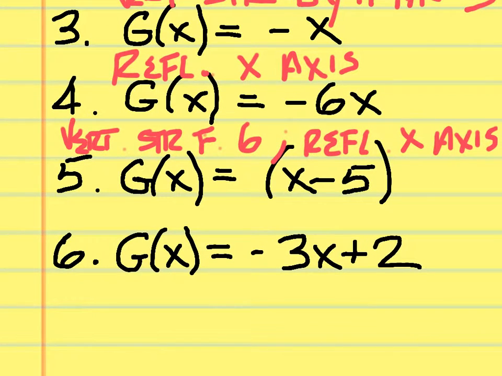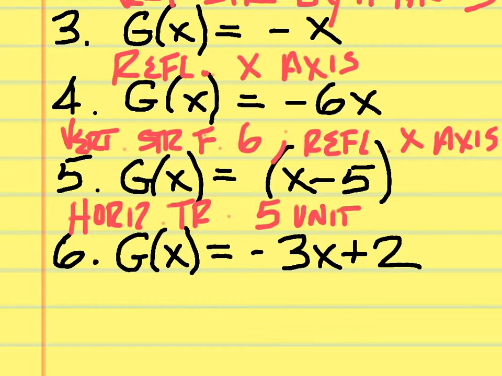What happens when I have a quantity of x minus 5? What's happening there? Yeah, horizontal translation. Yeah, 5 units. 5 units to the right. And for number 6, look at all the stuff I have in here. There's 3 different things going on. Somebody give me one of them.